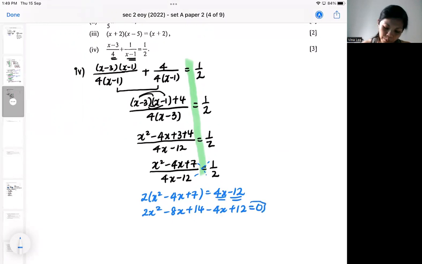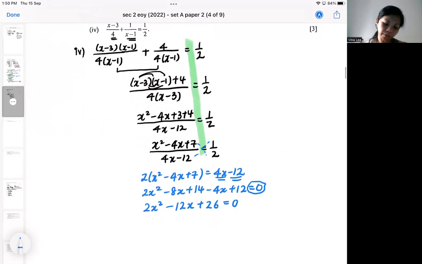You need the equal to 0 for your quadratic equation to work. Eventually you will need to factorize, but if you observe that all the numbers can be divided by 2, it will be easier if you divide by 2, then you try to factorize.